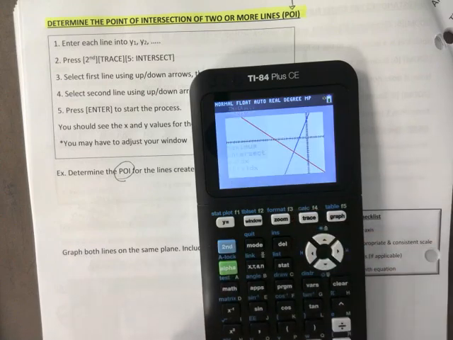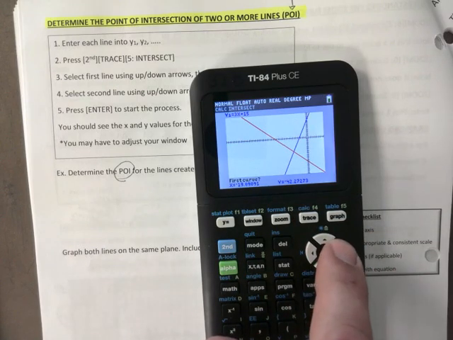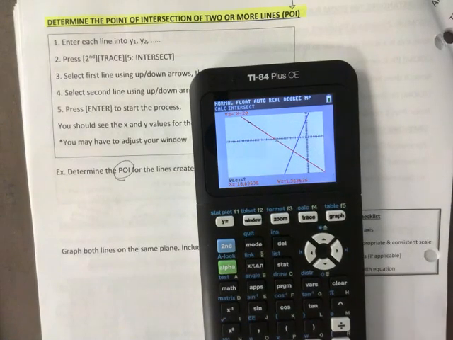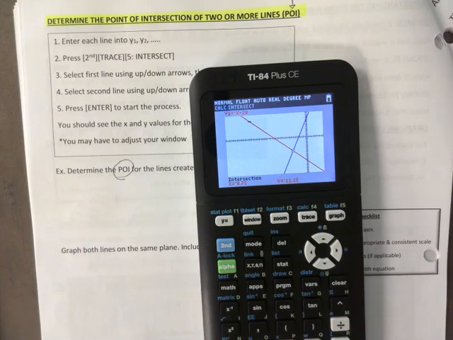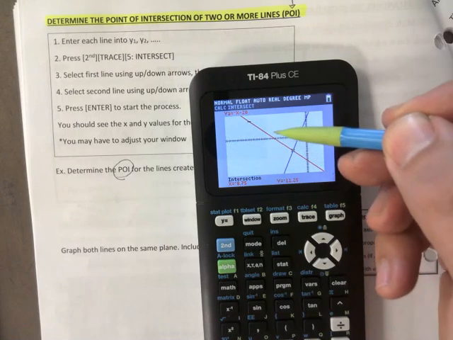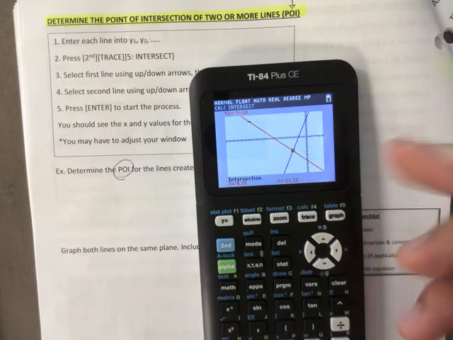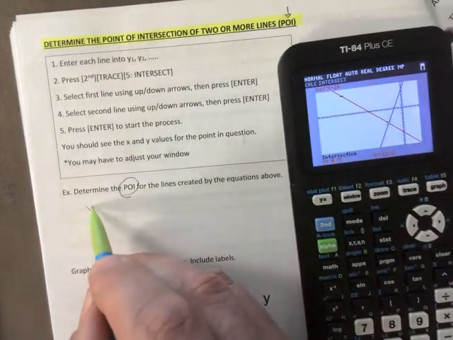So second trace 5. And because you only have two lines, folks, you can close your eyes and just hit enter 3 times. It will find it. Because you only have two lines, you only have one point where they meet. It's not like a parabola that can curve in and there's another point intersecting. There's only one intersection there. So we're going to go y1.